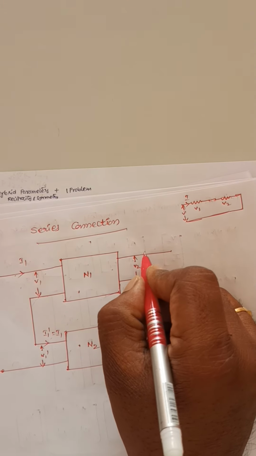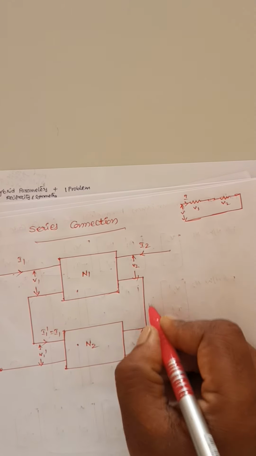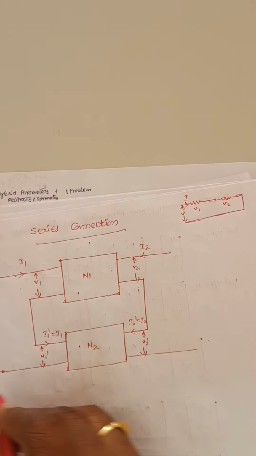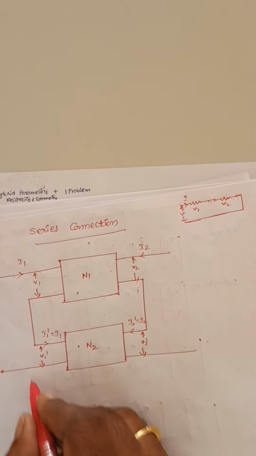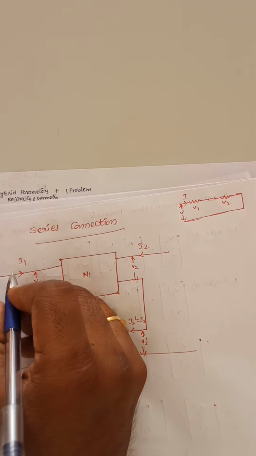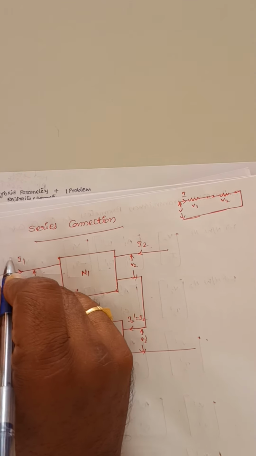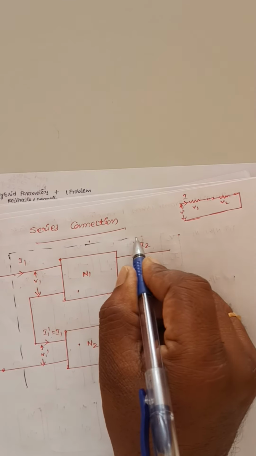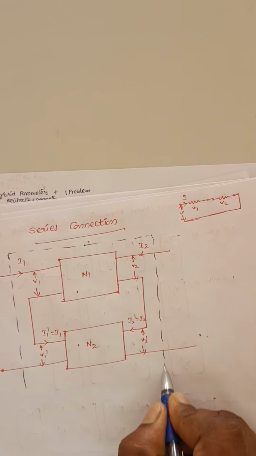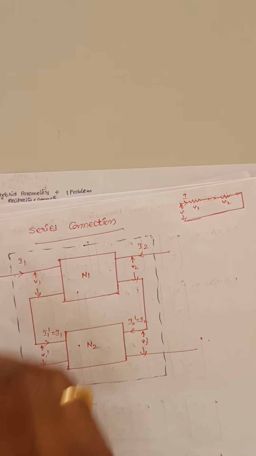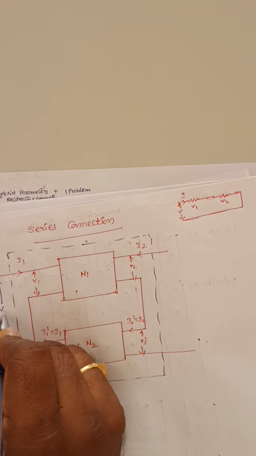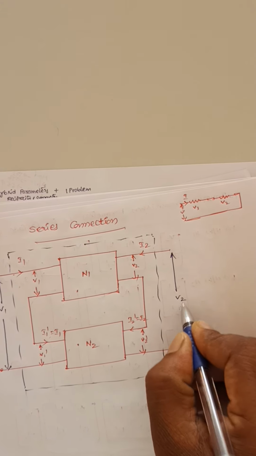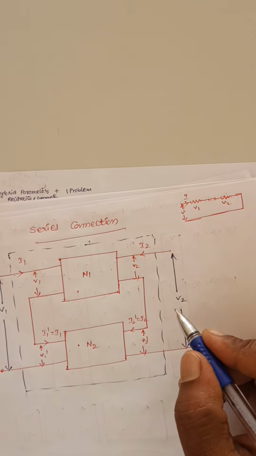Here it is I2, the same current here also, that is I2 dash is equal to I2. For the total combination, the voltage here is V1, the voltage here is V2.